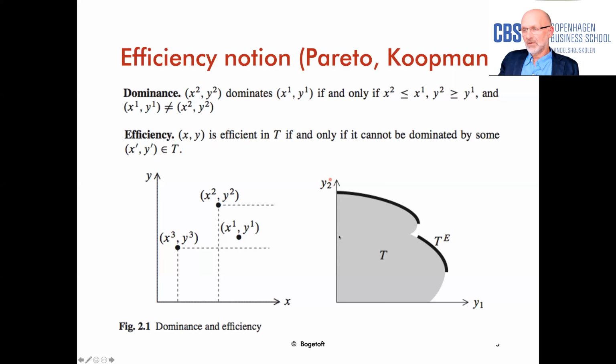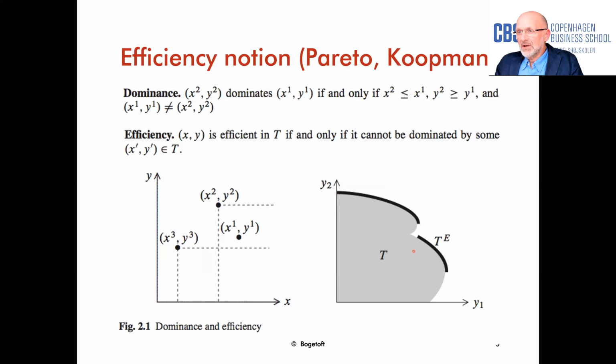So here I have a bunch of different production plans, the gray area, and I'm wondering which of those are efficient. I'm looking here at the output side of things, and I assume that all these firms are using the same inputs.